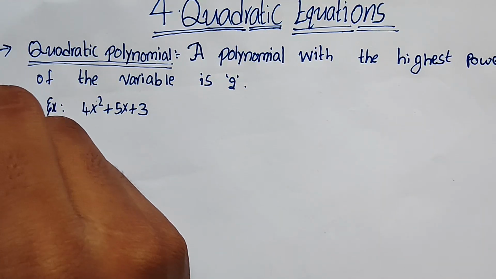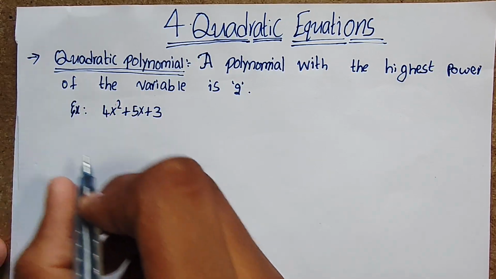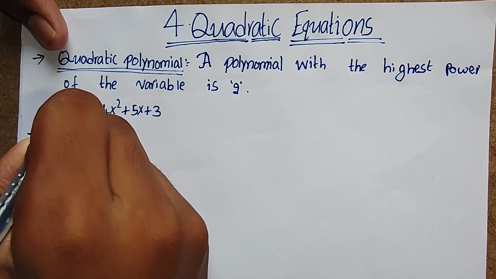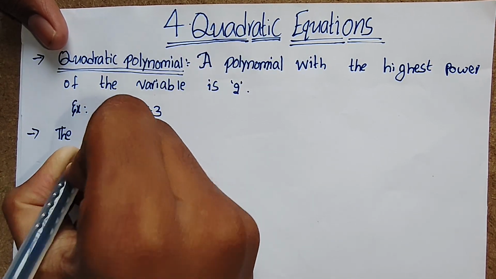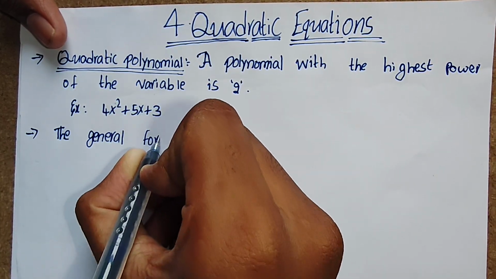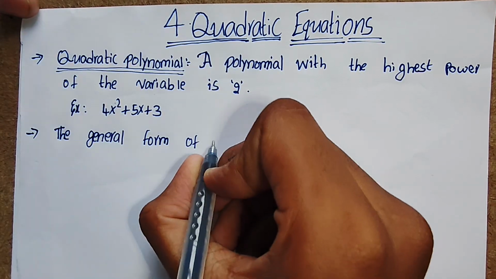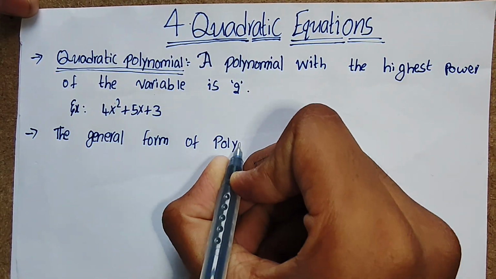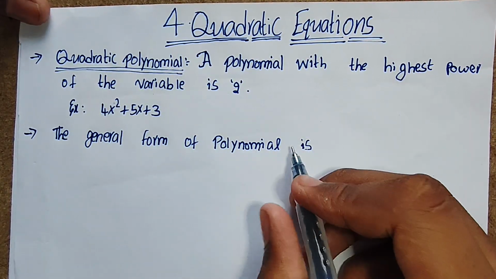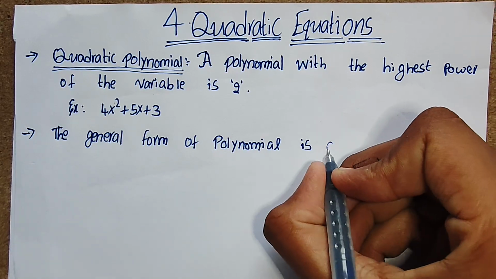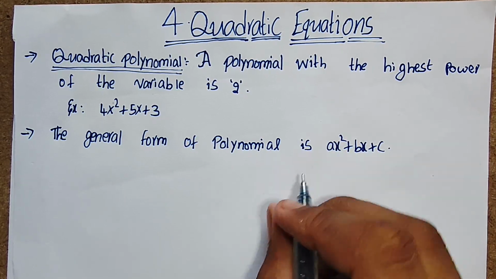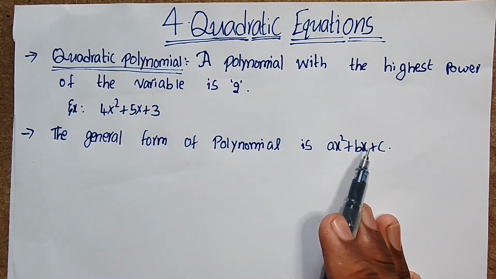Now I am writing the general form of a quadratic polynomial, which is written as ax square plus bx plus c.